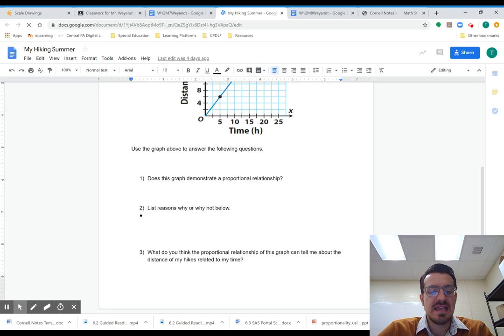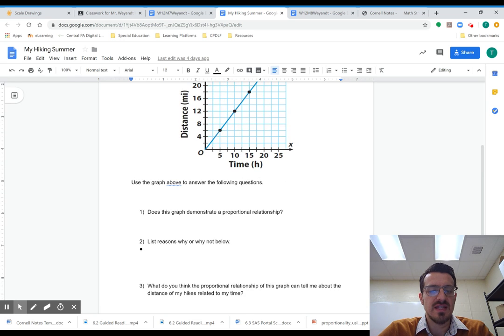Number 3 here says, what do you think the proportional relationship of this graph can tell me about how the distance, my height, is related to my time? So again, it's using your understanding of proportional relationships in graphs to further your thinking a little bit. It's a good literacy skill to have in explaining the process by which you found your answer.